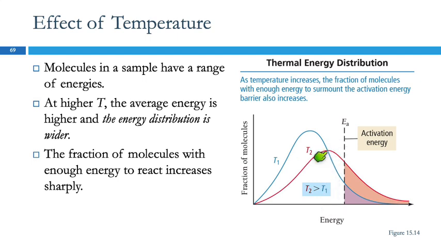It's not just that we have to get the average up here. No, when we get the average closer to the activation energy, because this spreads out, we're looking at the area under the curve here. So for the blue line, the area under the curve is pretty small, but for the red line, it's much, much larger. So this is the fraction of molecules that can get over the activation barrier.